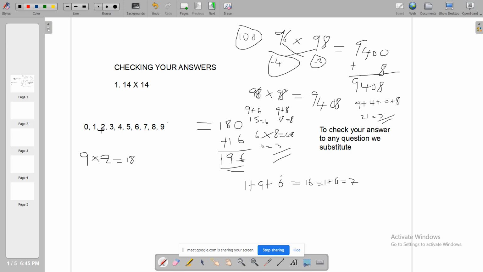When you find the digit substitute for 18, 1 and 8, it will give you 9. So when you multiply 9 by any number, you will get the same number. So 9 is a repetitive number.